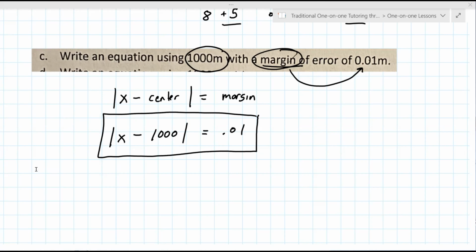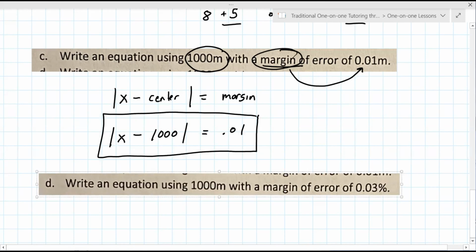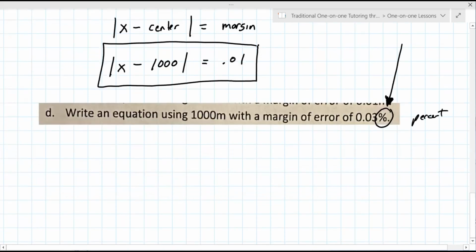Okay. So the difference between this problem and the last problem is this symbol right here. What is that symbol? Do you know? The percentage, like, it's a percent, right? And okay, so in math, we don't really use percentages.